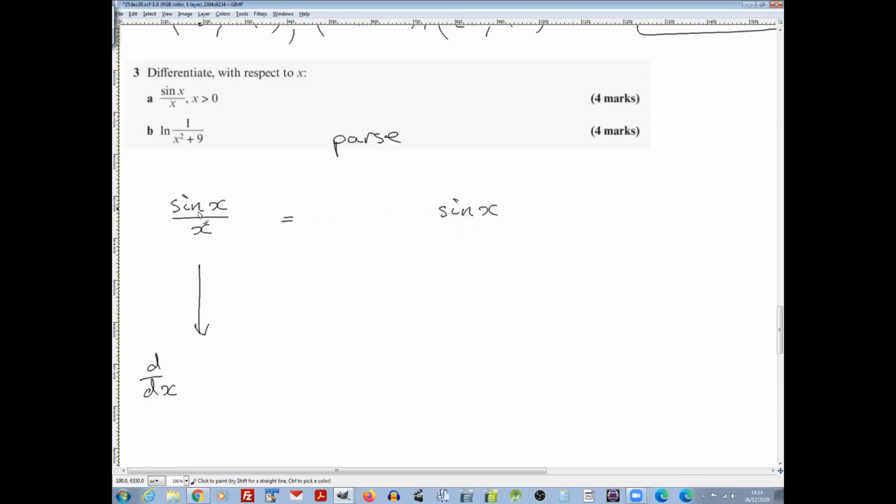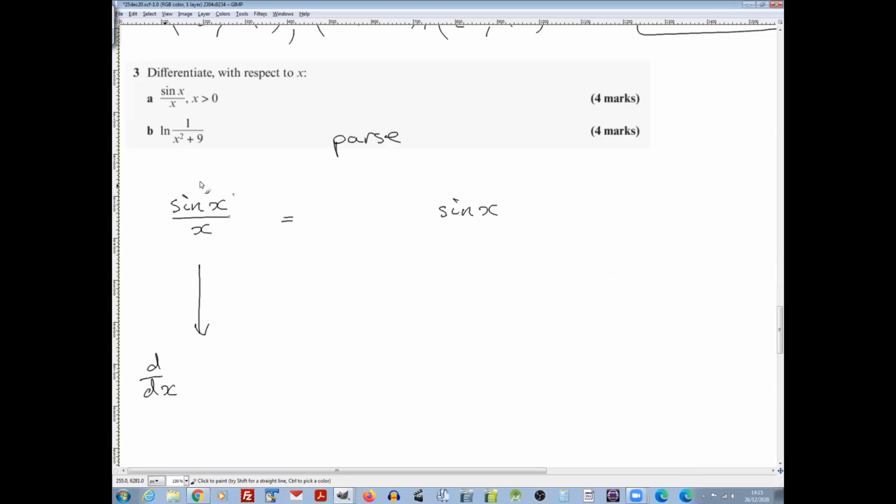Instead of treating it as a composite, what's the other possibility? X is the blob. Oh, but if you say blob, you're saying composite, inner and outer, aren't you? Oh yeah. Inner and outer, composite, chain rule, not really working. Perhaps it's the product rule.